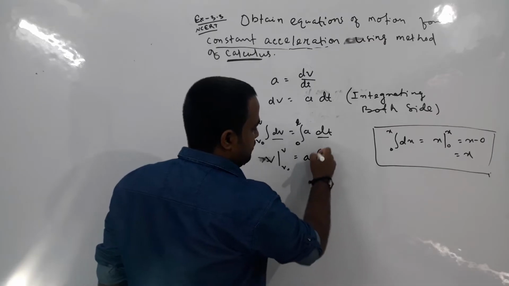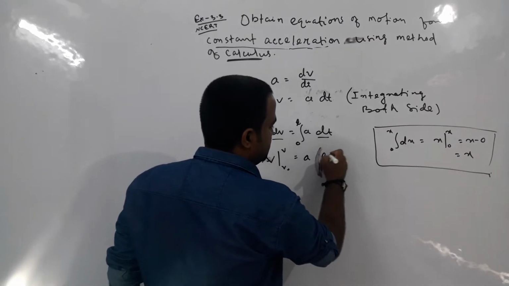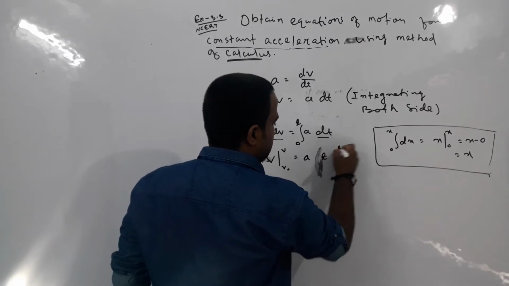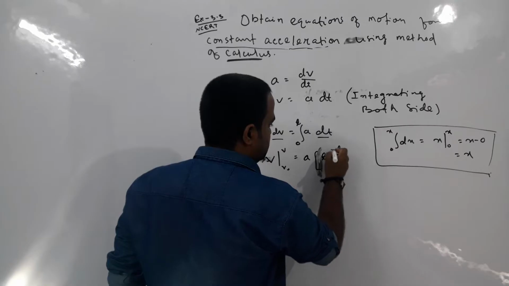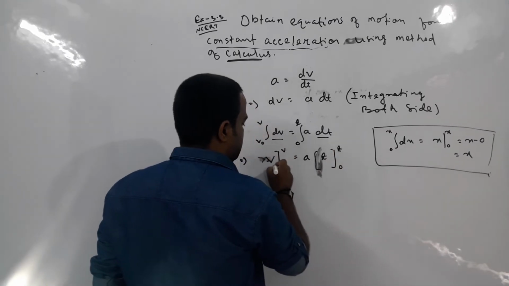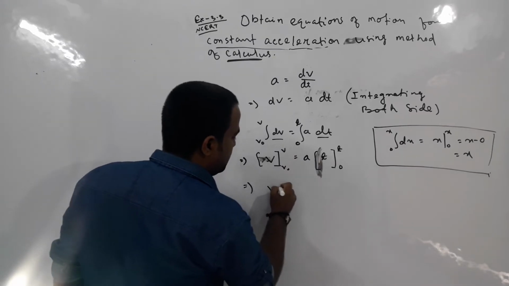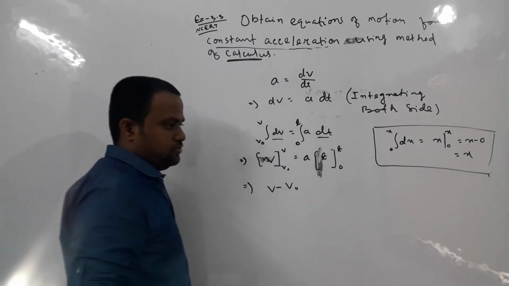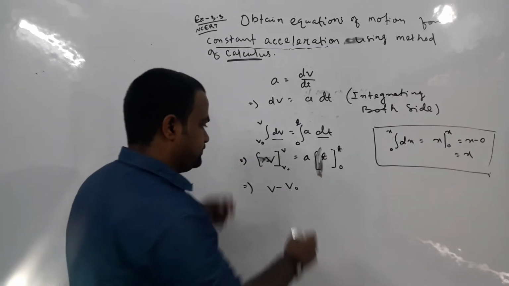That is a integral of dt from 0 to t. So this will be v minus v0. v0 is the initial speed and v is your final speed.